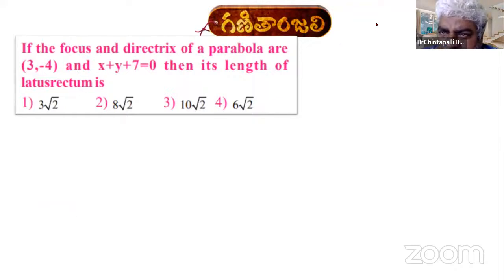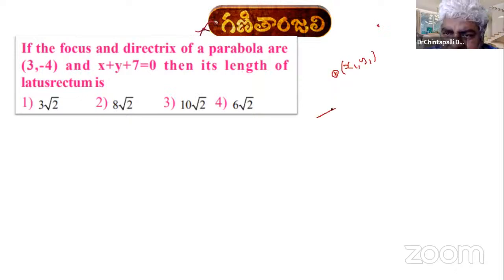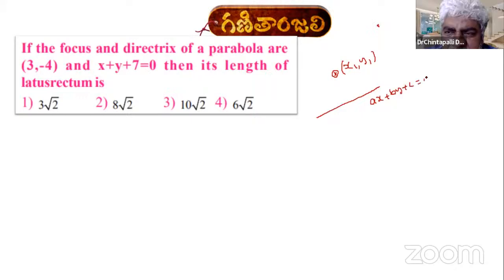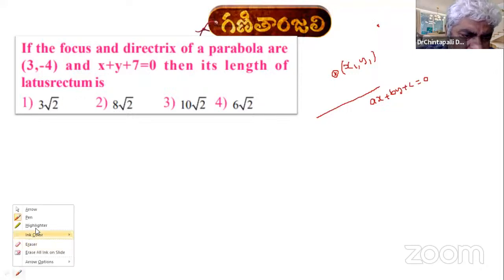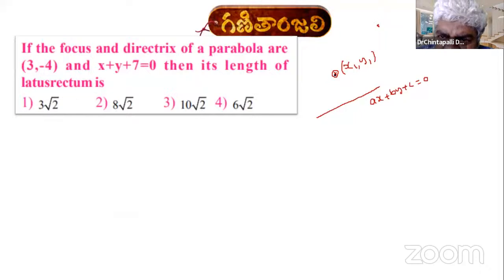Let the coordinates of this point be x1, y1. And it is a line. Its equation is ax plus by plus c is equal to 0. Are you getting me, students? See, what is the color of this line?